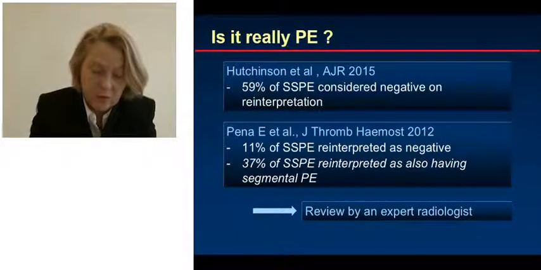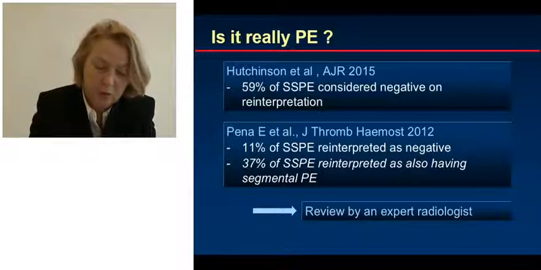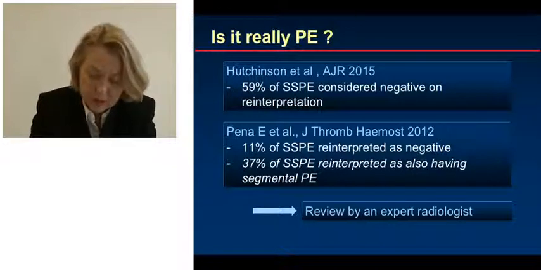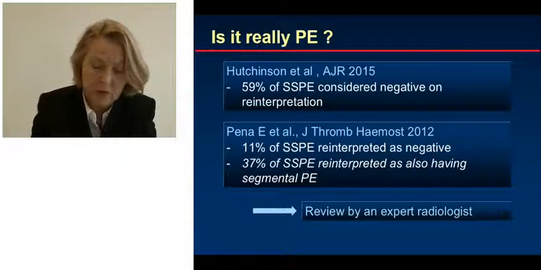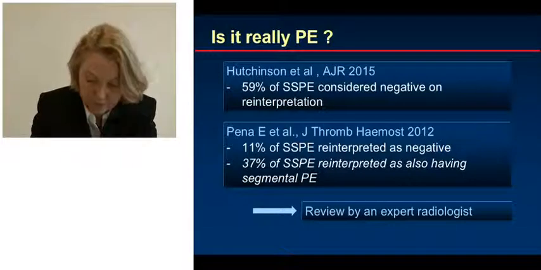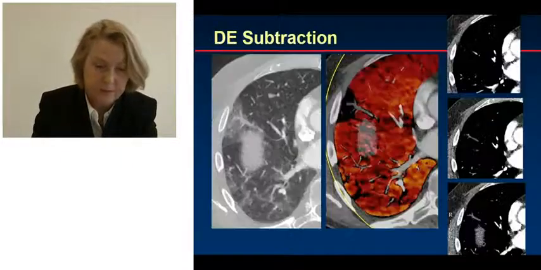Again, the conclusion of both studies was that if we are going to the peripheral arteries, and those findings will determine the management of the patients, a review of an expert radiologist is indicated.